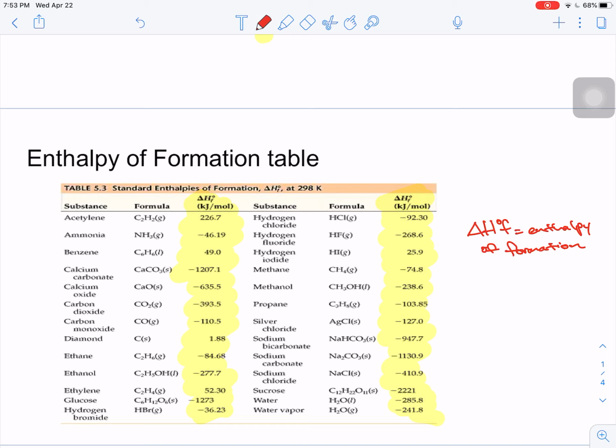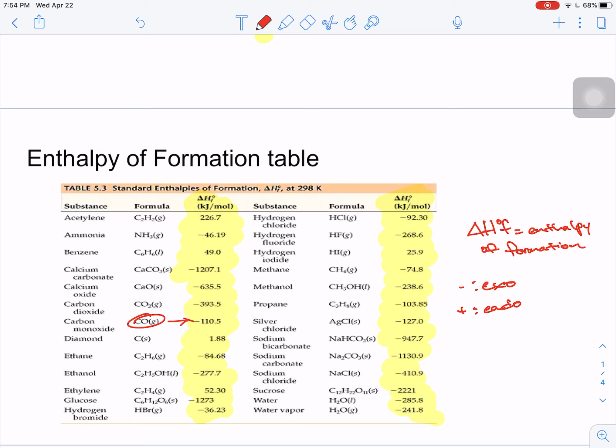If I choose carbon monoxide and form a mole of carbon monoxide, this is the energy transfer. In this case, it's negative, so that means you're losing that energy to the environment. Just to clarify, if you get a negative value, it's going to be exothermic. Get a positive value, it's going to be endothermic.